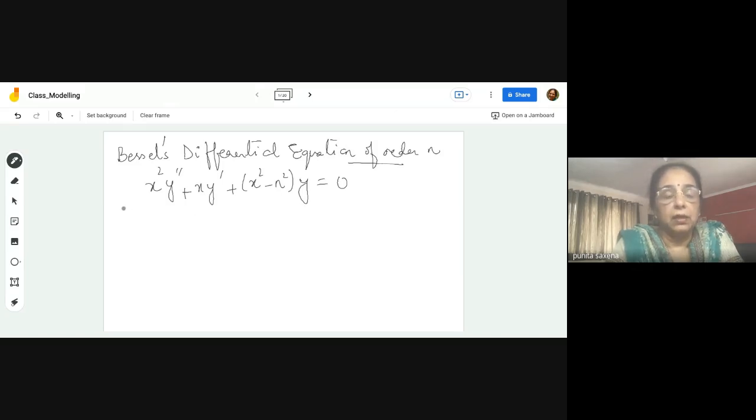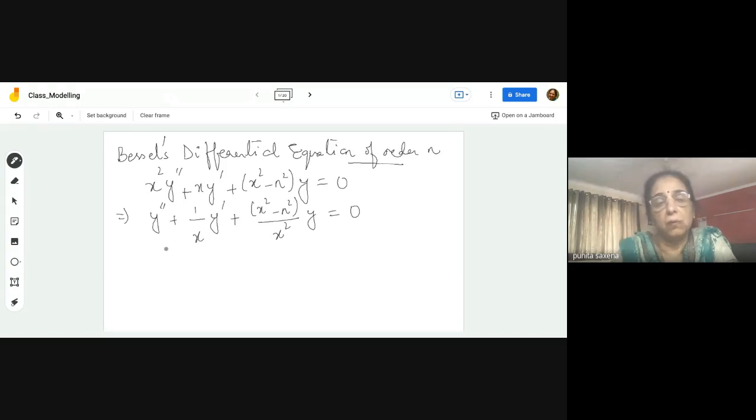Now, obviously the procedure remains the same here. We are going to have this equation rewritten in this form: y'' + (1/x) y' + ((x² − n²)/x²) y = 0. So obviously x = 0 is a singular point.